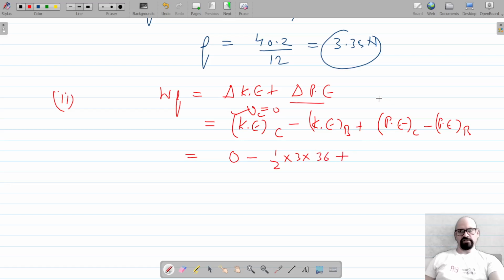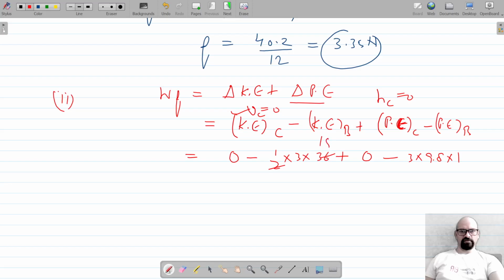And now the potential energy at C is, oh sorry, it's not the velocity, it's the height. Velocity is also 0, but the height at C is 0, so the potential energy is 0. And minus the potential energy at B, which is m into g into h, that is 3 into 9.8 into the height at B, which is 1 meter.